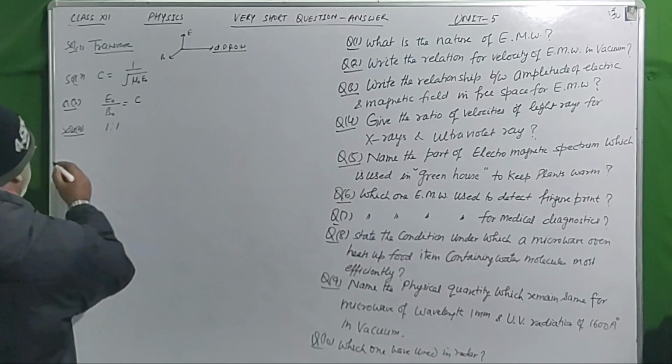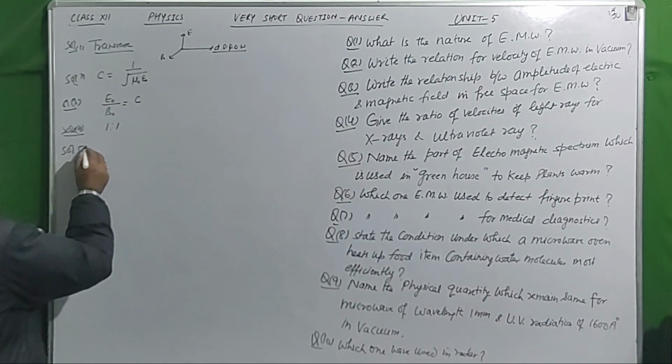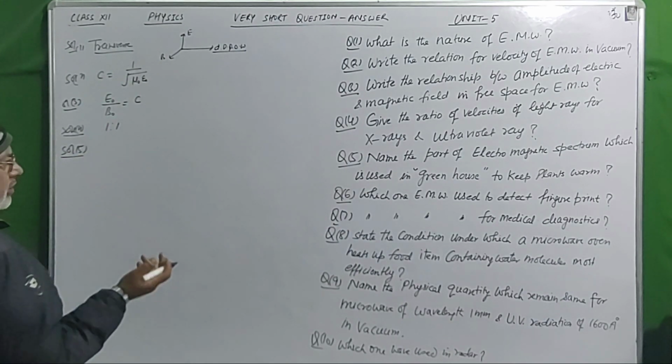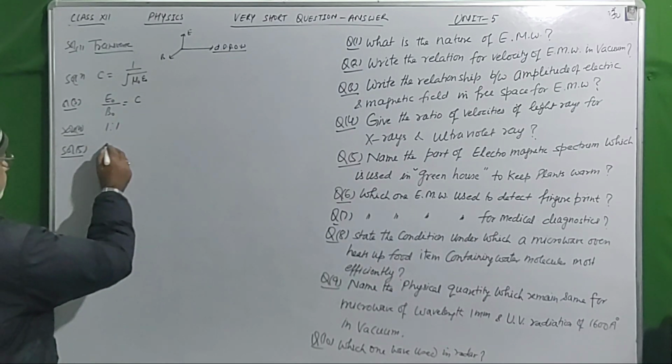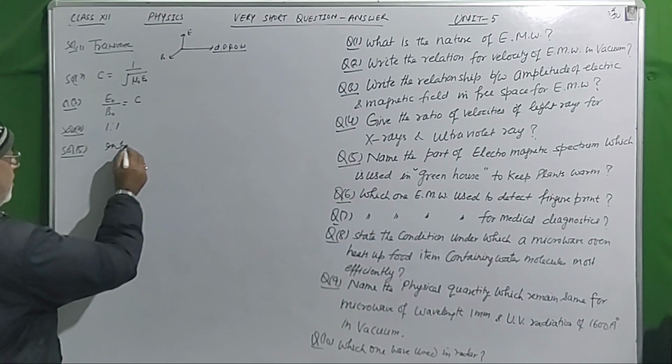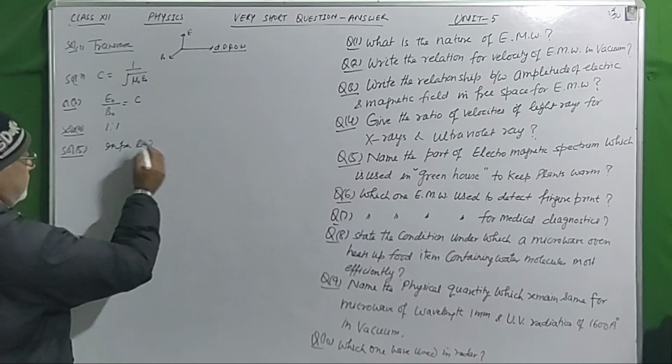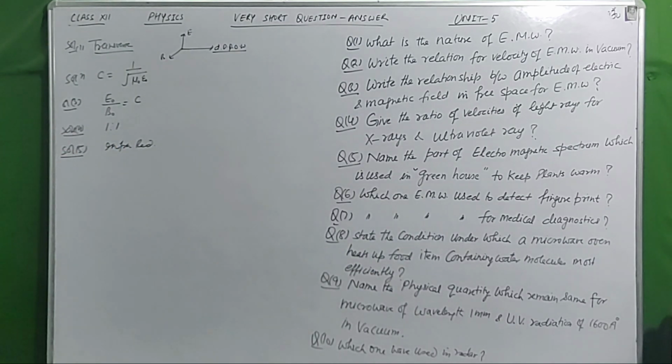When the term warm, hot, or heat comes, it means infrared. Which one? Infrared. So infrared rays keep the plants warm in the greenhouse effect, right?